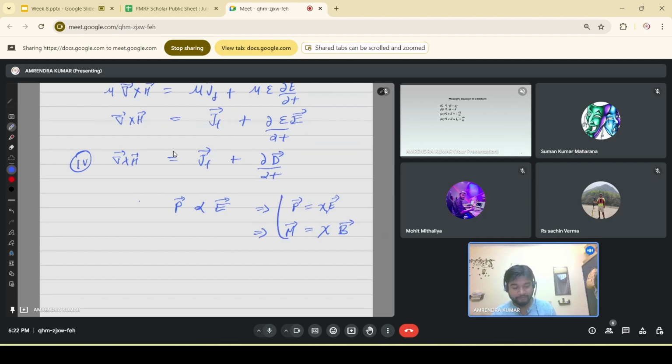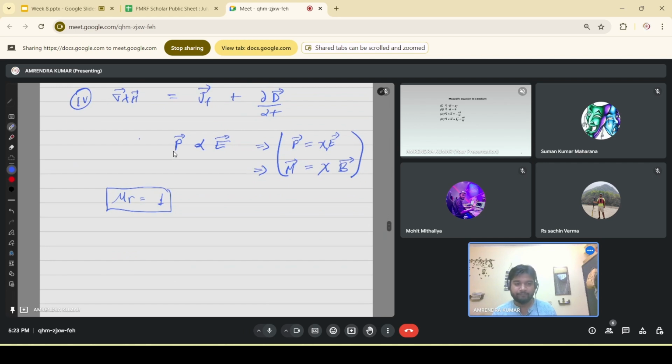So this is also linearly proportional. These both lead to linear dielectric media. In linear dielectric media, mu r is assumed to be equal to 1, meaning the material is not magnetized. So this is how the equations work.